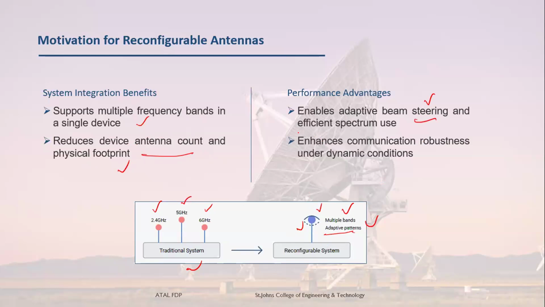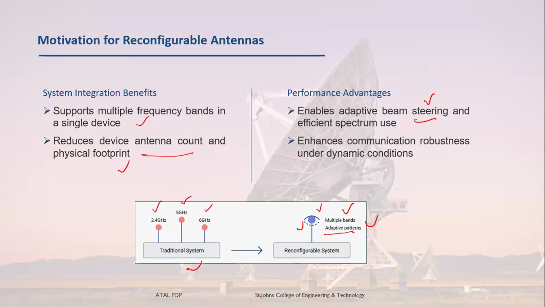Efficient use: when I'm talking about reconfigurable antennas, we should not forget the cognitive radio concept, where the spectrum is used efficiently. When something is not being used, why should I keep it idle? My system will identify which band is not in use, then I will use that. But my antenna should be in a position to radiate.